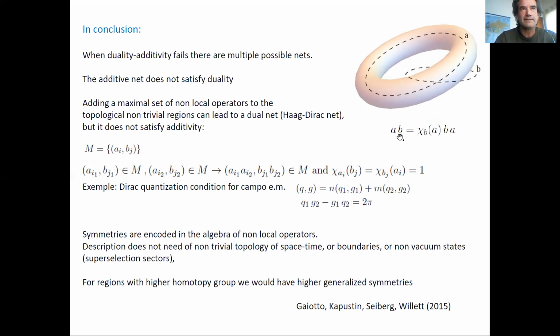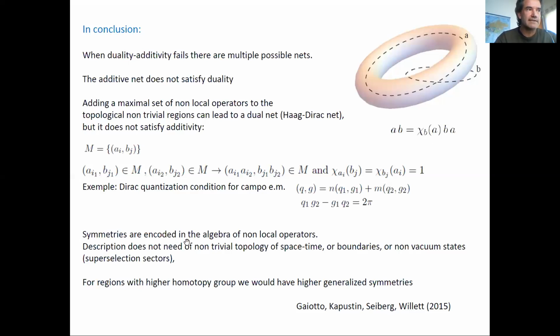That just tells you that these characters here are the identity. So you have to choose the A's and B's that you are putting there in such a way that these characters are always identity. And it can be done in general in multiple ways.